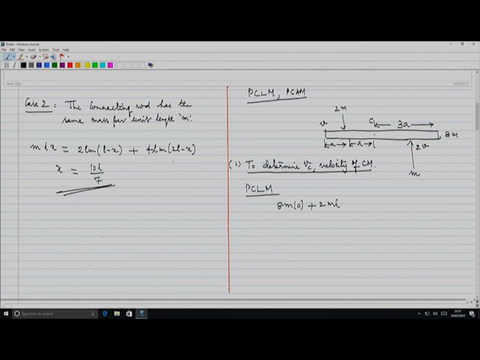These two directions are opposite. This direction is minus v, plus this mass m strikes with a velocity 2v. This is the initial momentum, and it is equal to 0.